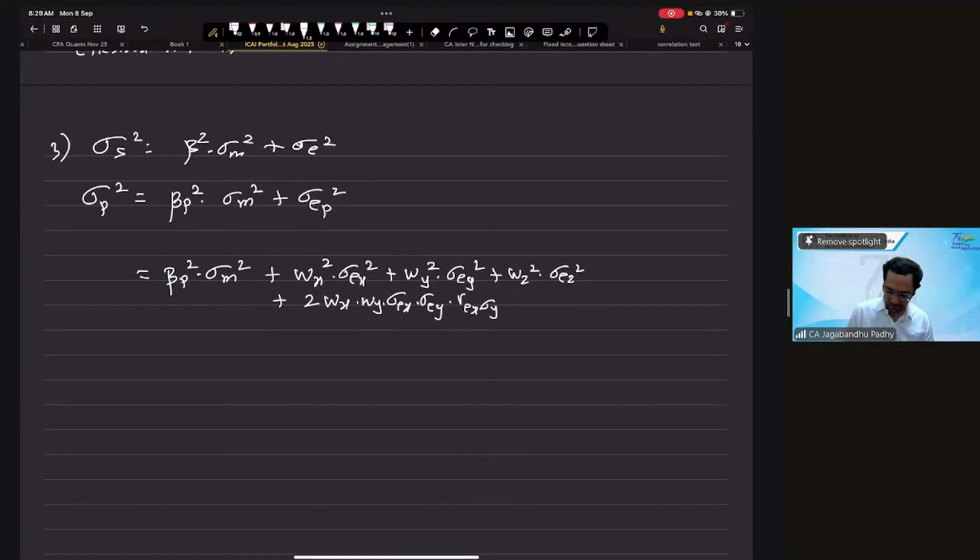Well, the variance of error of portfolio is weight of x square into variance of error of x, plus weight of y square into variance of error of y, plus weight of z square into variance of error of z, plus 2 into weight of x, weight of y, standard deviation of error of x into standard deviation of error of y, correlation between error of x and error of y.